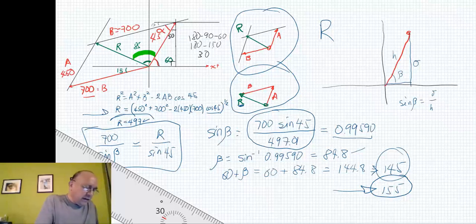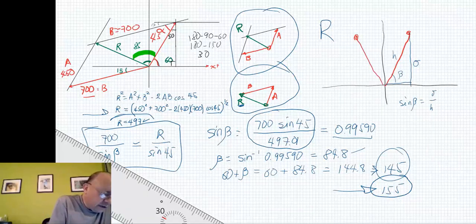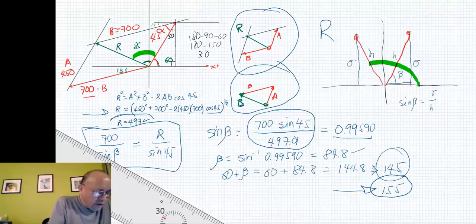But if I draw this angle here, like this, I have now this angle all the way like this, whose sine is this distance, which is the same distance O, and this is the same hypotenuse. So let's call this angle alpha.